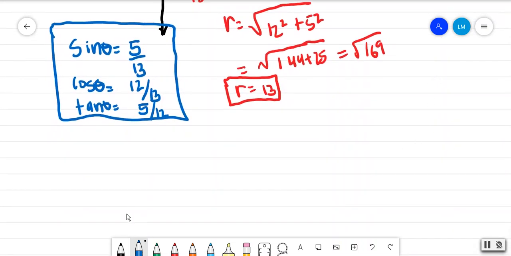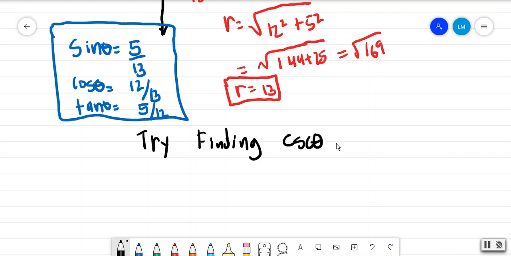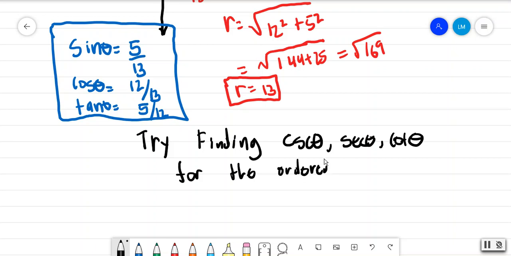Now, I'll suggest that you try finding cosecant theta, secant theta, and cotangent for the ordered pair 3, 4.